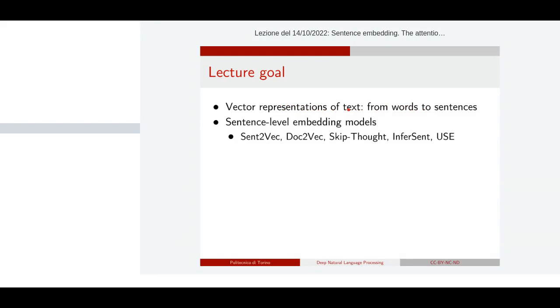Okay, so let me just outline the topics of this lecture. Sentence embedding first, and then attention mechanism. Next week, we will introduce contextualized embedding, including transformers. Okay, I hope that we have time to complete all this part, at least most of the aspects.